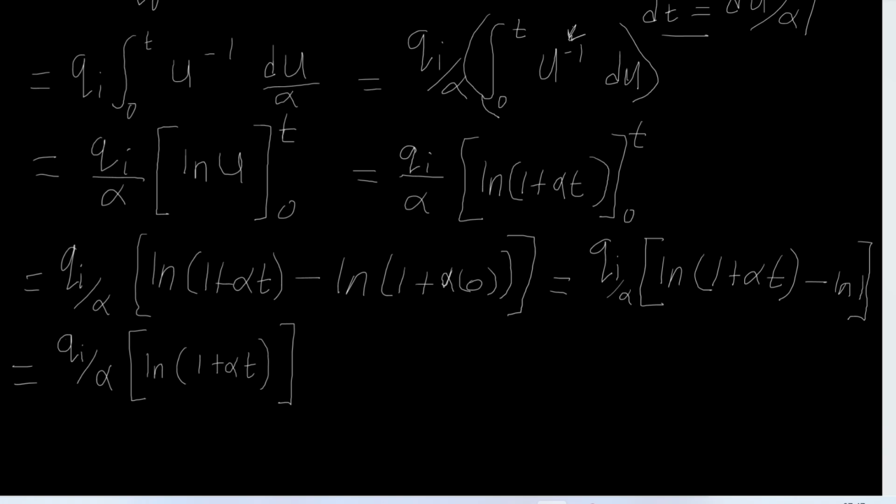But in cases when we are given q and not t, I have to express this cumulative production in terms of q and not t. So for that reason, let us solve further.